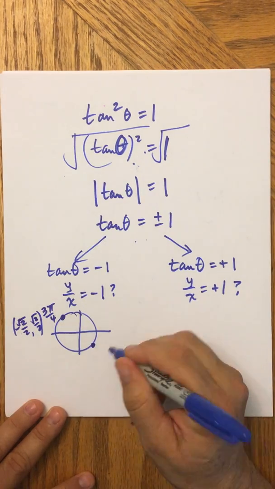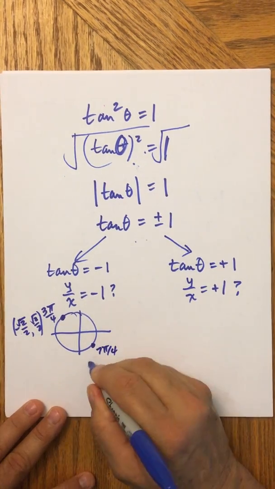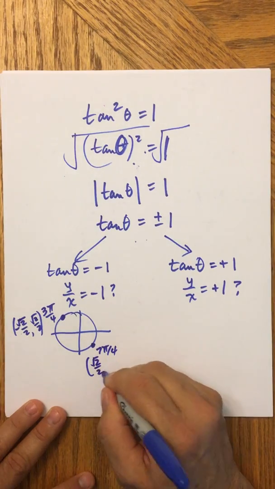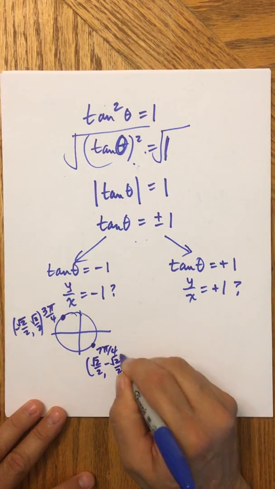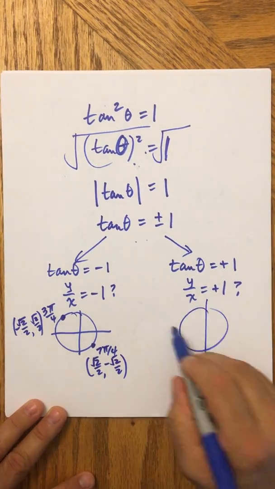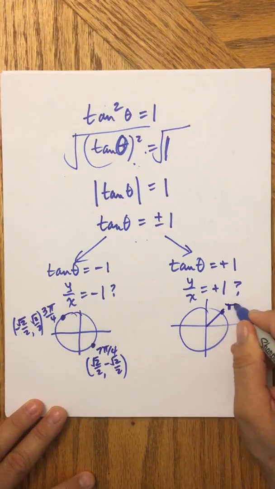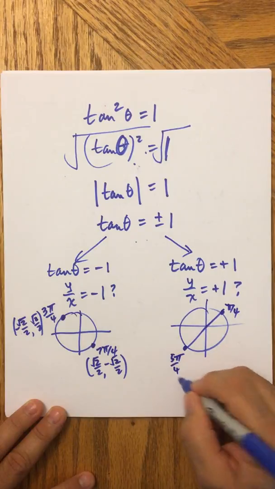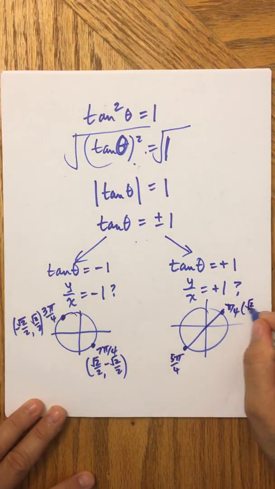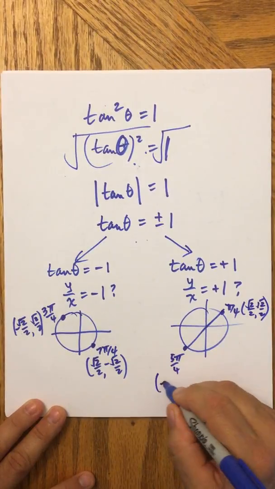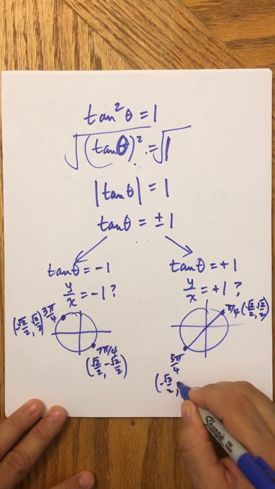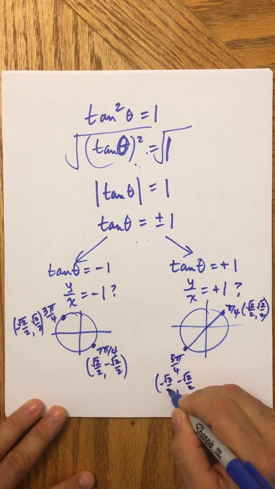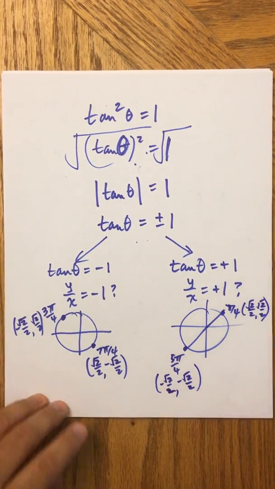But also over here at 7 pi over 4, where it's positive square root 2 over 2 and negative square root 2 over 2. What about this one? It would be here at pi over 4, and then over here at 5 pi over 4. So you have positive square root 2 over 2 and positive square root 2 over 2. They're both positive here, and here they're both negative, so their ratio is positive.